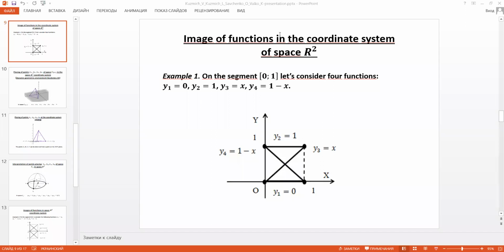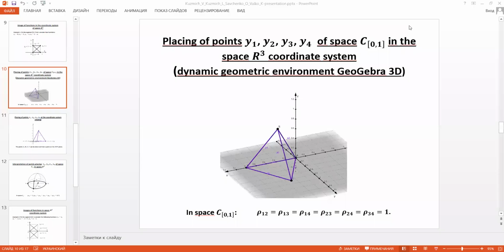Consider example 1 of visualization of the mutual location of the 4 points of space C01 in GeoGebra 3D. These are linear functions. In space C01, all distances between points will be equal to 1.